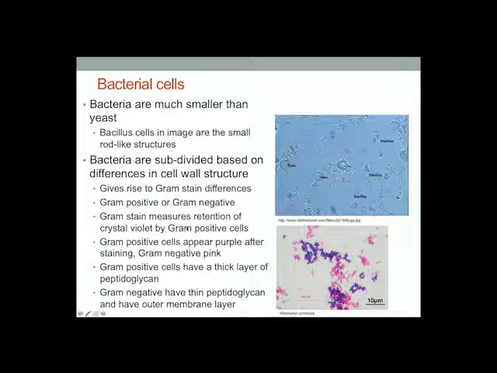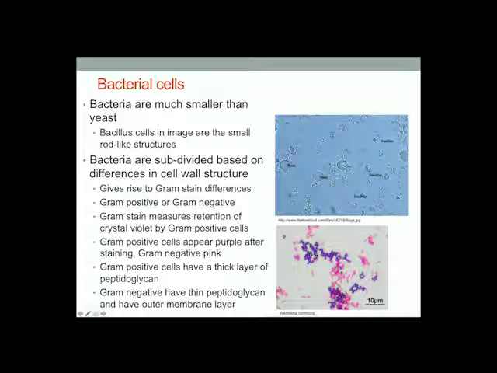The main distinction between gram-positive and gram-negative cells is that on a gram stain, if it's done correctly, the gram-positive cells are purple because of retention of the first stain used in that process, called crystal violet.